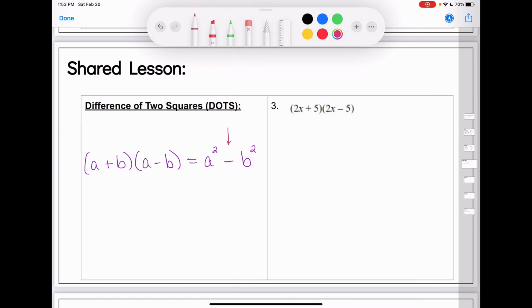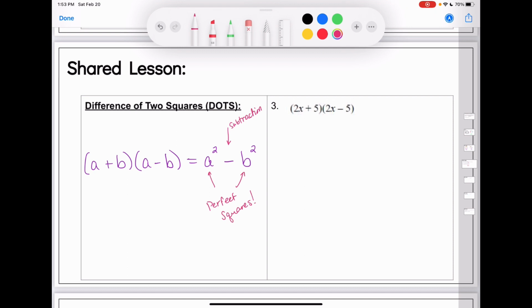Difference means subtraction. And notice it says two squares, meaning perfect squares, because it's a squared and b squared. Both of these are perfect squares. That's why we call it the difference of two squares. It's what your answer is going to look like. So a plus b times a minus b gives you a squared minus b squared.